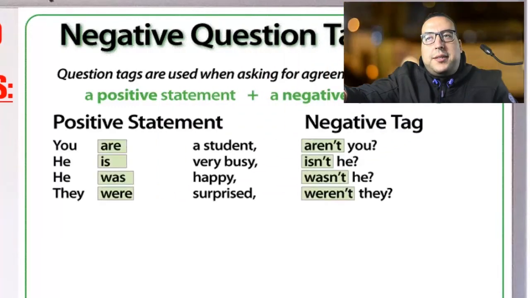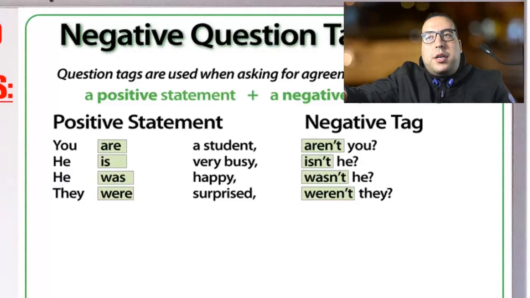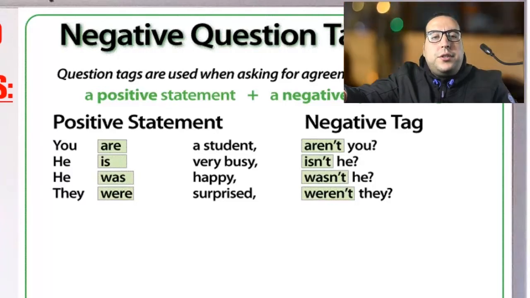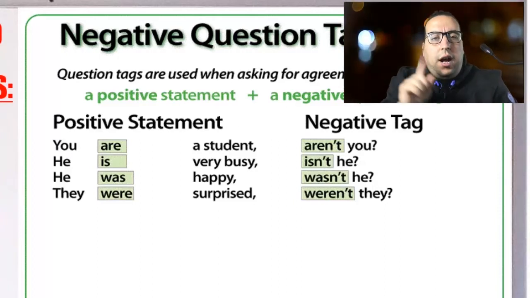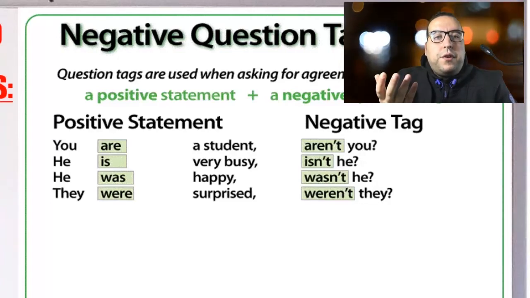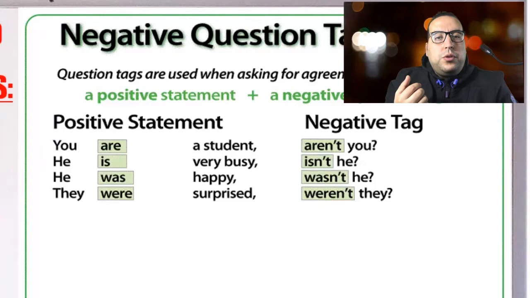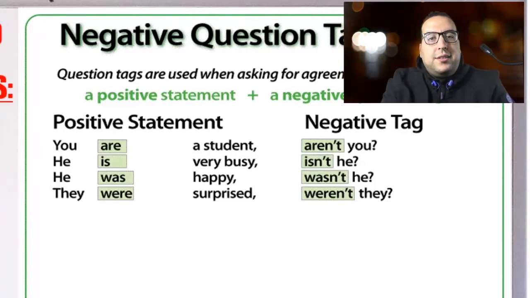I want you to look at these examples, please. You are a student, aren't you? You see, we use this to confirm or to see if you agree with me that you are a student.